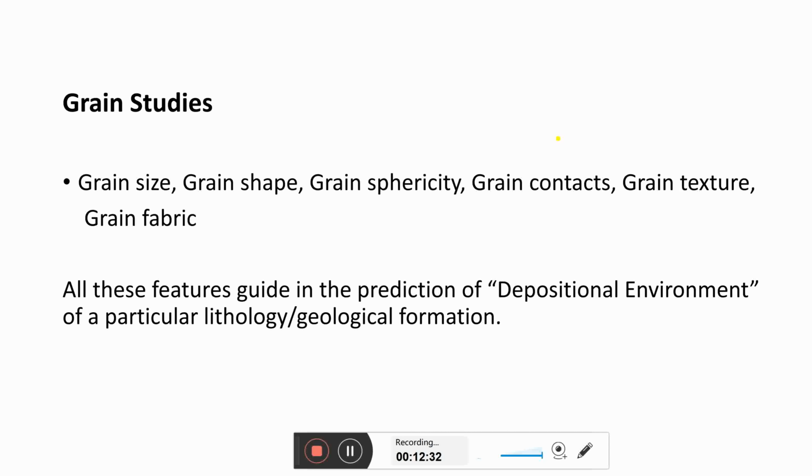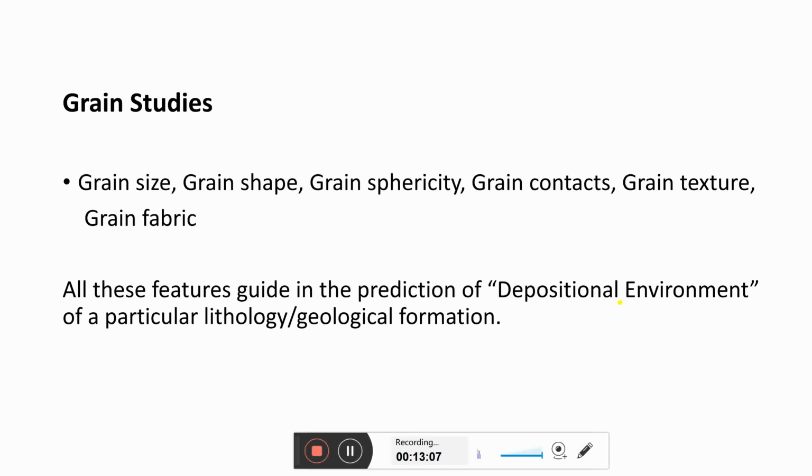If we focus on grain, then there are different properties of grain that should be studied. For example, grain size, grain shape, their sphericity, contacts, texture, fabric. All these features guide in the prediction of depositional environment of a particular lithology or geological formation. Actually, this deposition environment guides us to where petroleum had been deposited in the past.